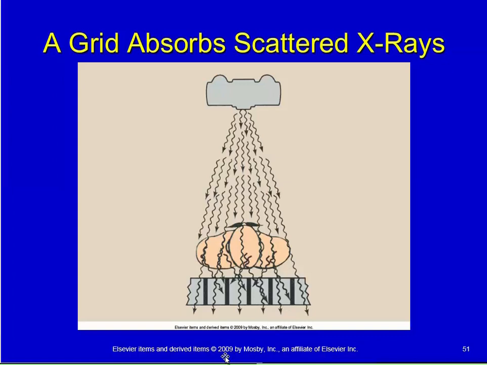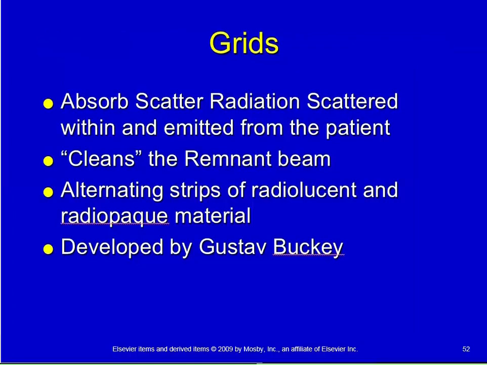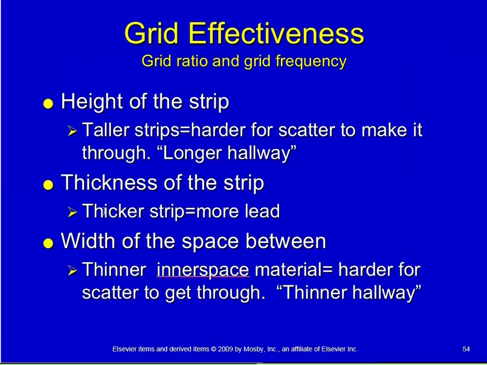So it's not just important to have the height of the strip and the thickness of the strip to absorb them, but also the number of grid strips, or how close the grid strips are packed together, increases the effectiveness of the grid. So the height of the strip, thickness of the strip, very important, but also the width in between, or the narrowness, actually. So what we have with a thick grid is that we've got a longer hallway.